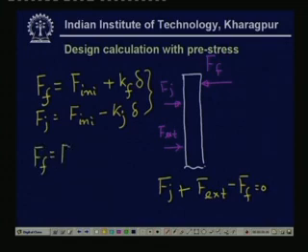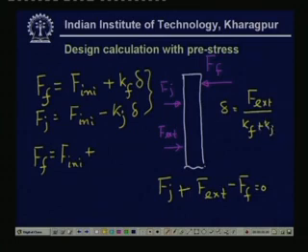Ff will be equal to F initial plus, and delta, if you calculate, will be equal to F external divided by Kf plus Kj. So this becomes Kf divided by Kf plus Kj times F external. This is the relation which we get.